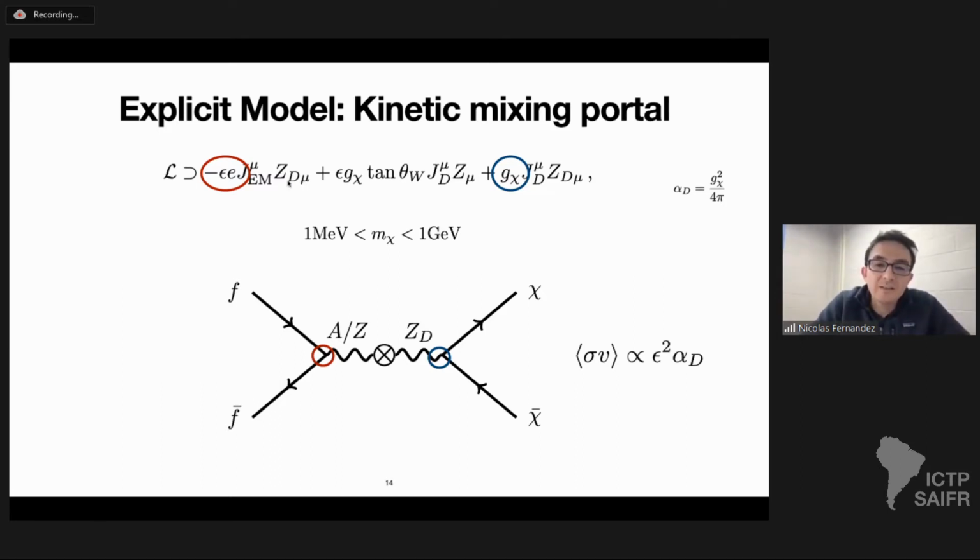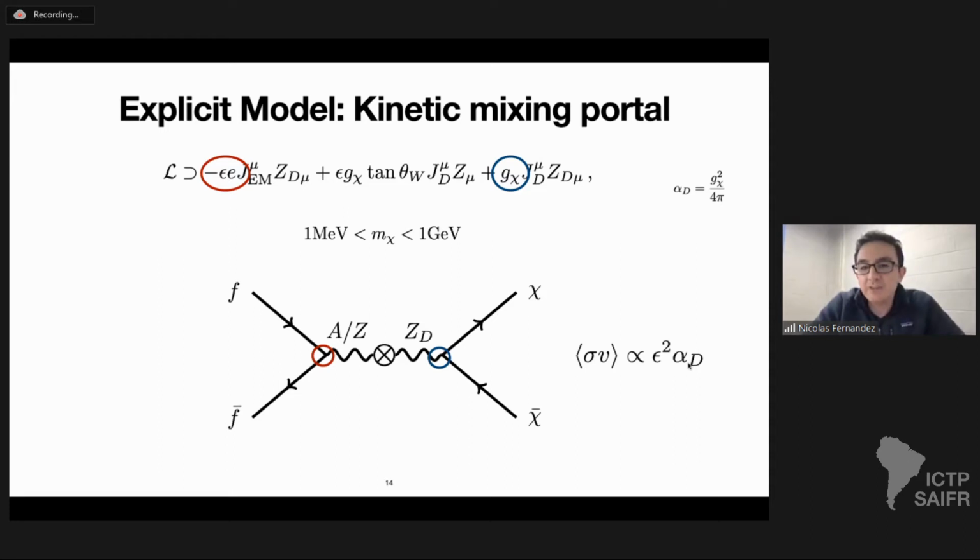This is the main contribution of the freeze-in process in the kinetic mixing portal. This cross section is proportional to epsilon squared, which comes from here, and alpha dark, which is just the coupling squared in the dark sector. So this combination over alpha is what people call the millicharge in reality.